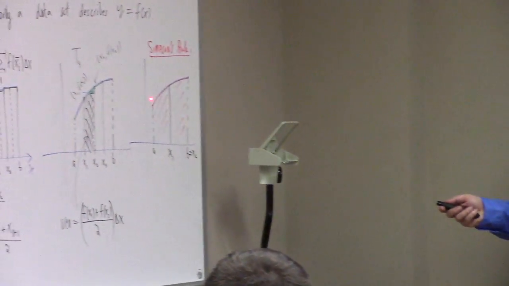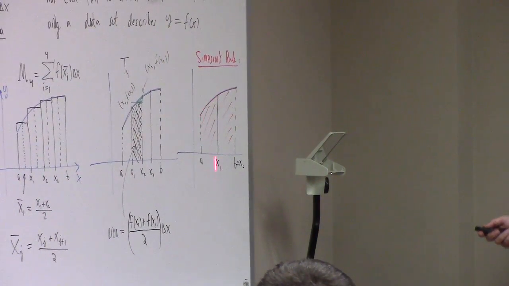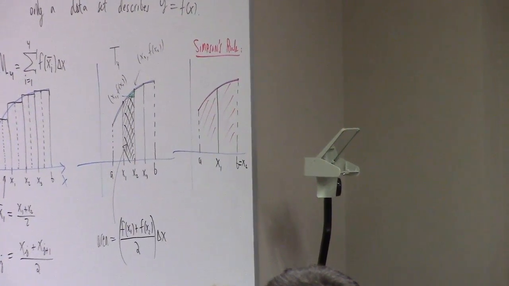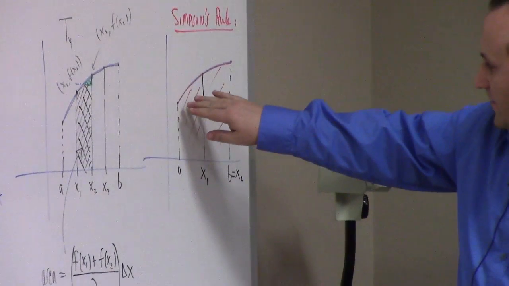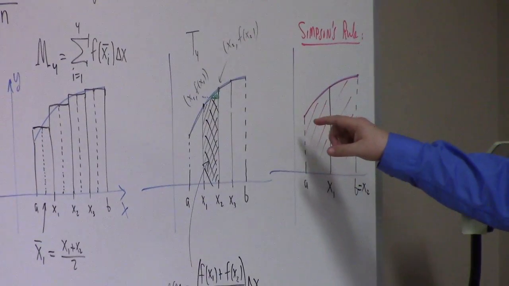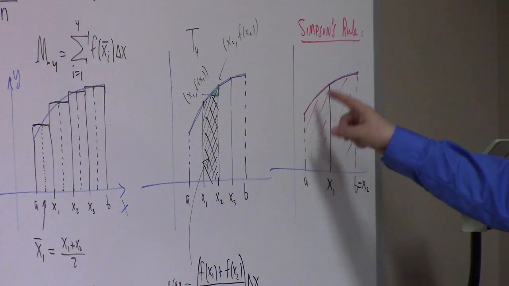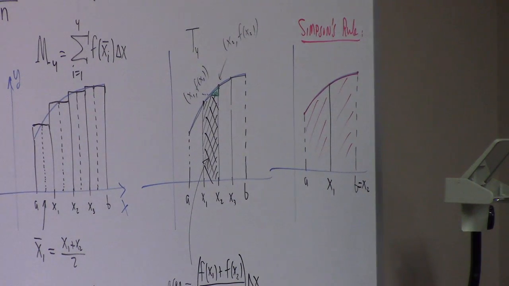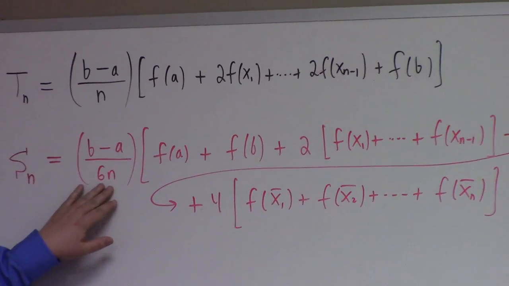It's interesting. So the idea here is to chop it up into an even number of regions and replace each one of these regions with like a parabolic top. So you fit quadratic polynomials to each little subregion. When you do that and you work it out, you get to this grand glorious formula.